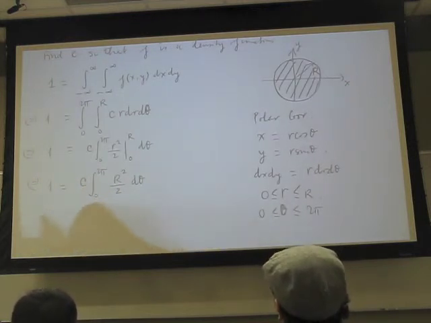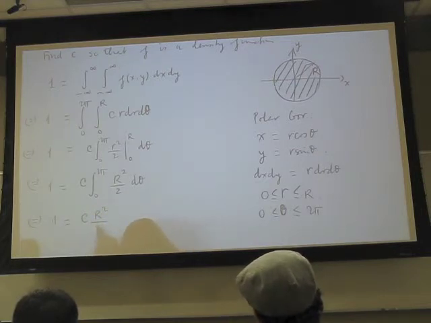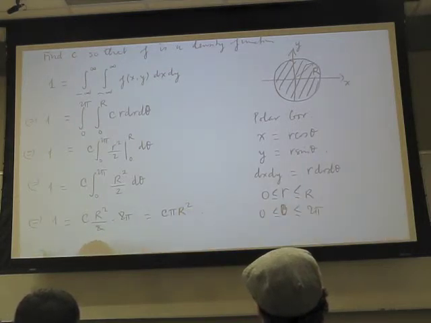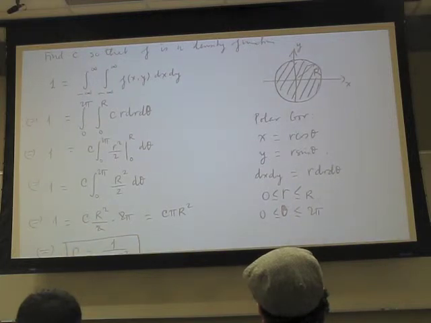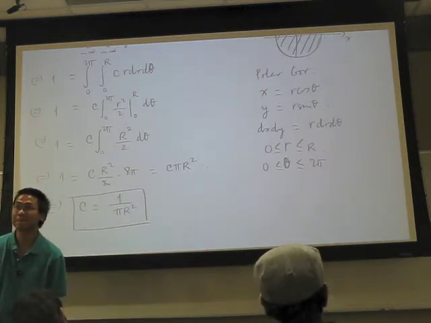So you have 1 equal to c times R squared over 2 multiplied by 2 pi, and then the 2 and 2 cancel. That gives you that 1 is equal to c pi R squared. Therefore your c is 1 over pi R squared. So in order for it to be a density function, c has got to be 1 over pi R squared. Right? Okay?